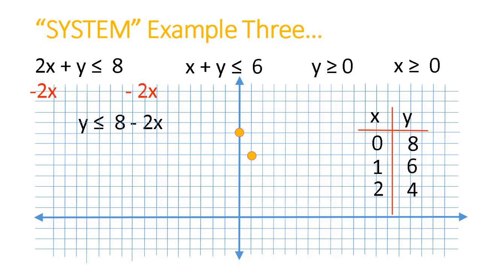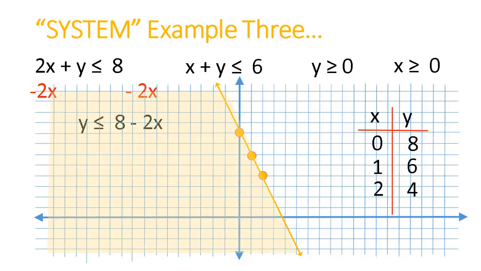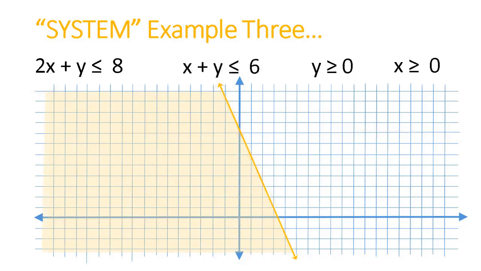So I'll go over 2 and up 4. And son of a gun, they do line up. So I'll draw a solid line in this case and shade, it's less than, below. Okay, there's one.